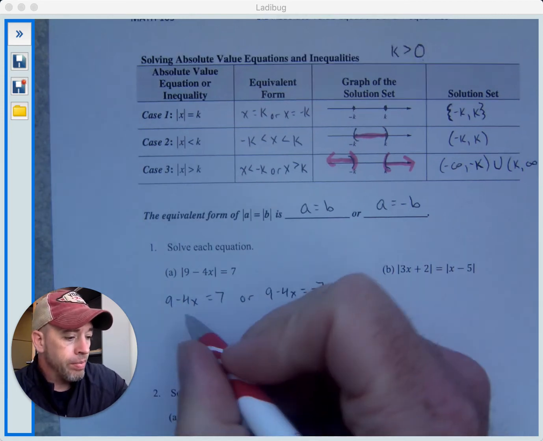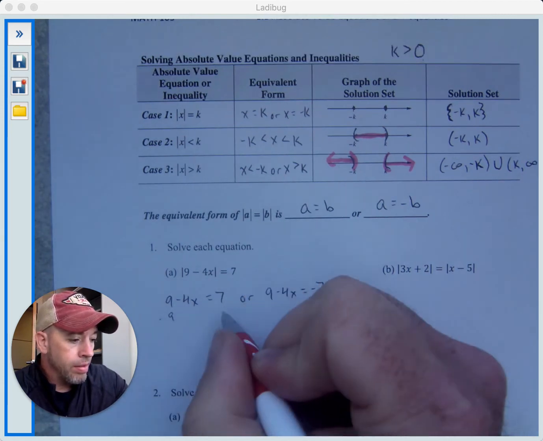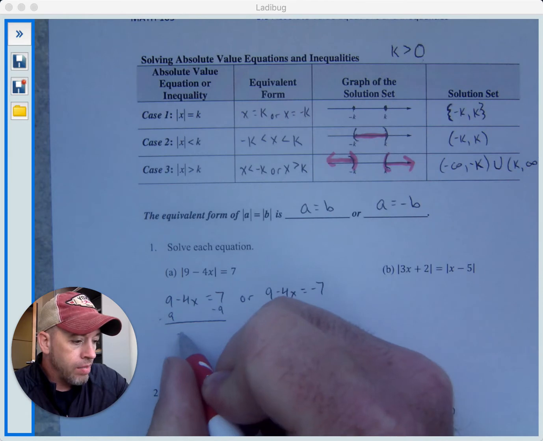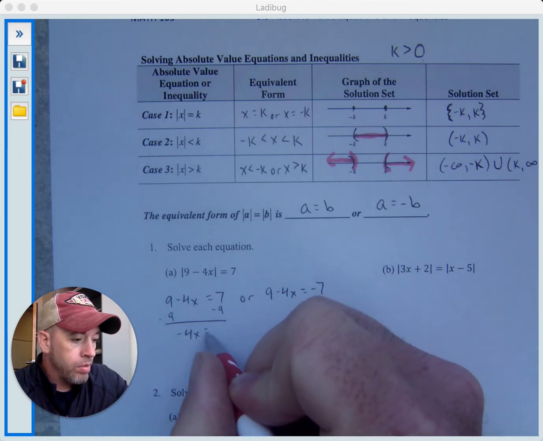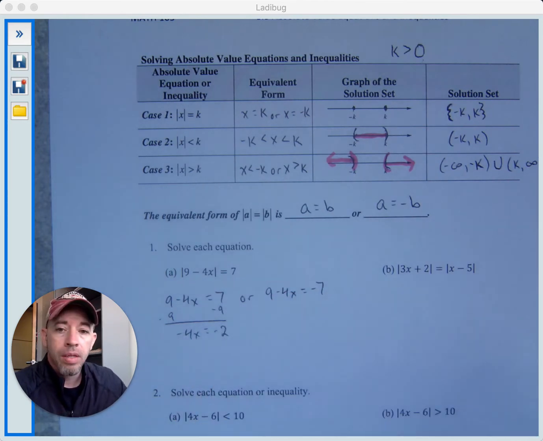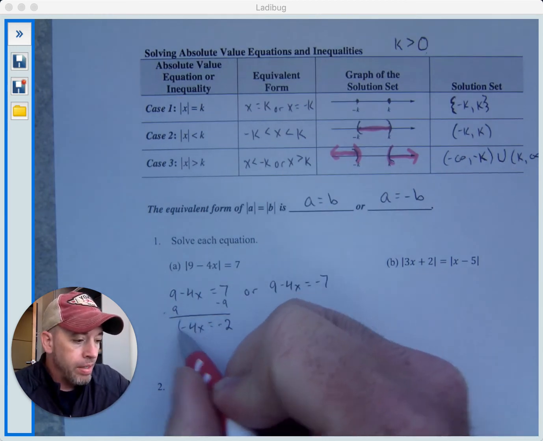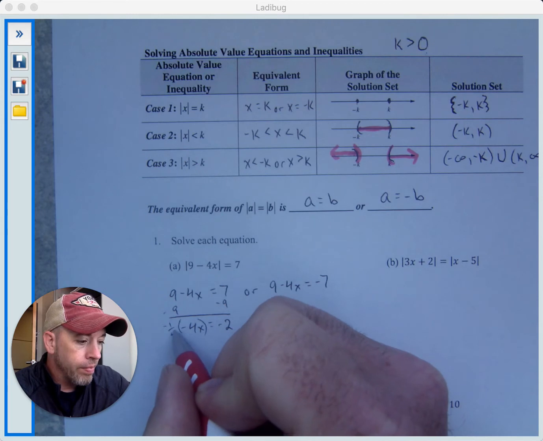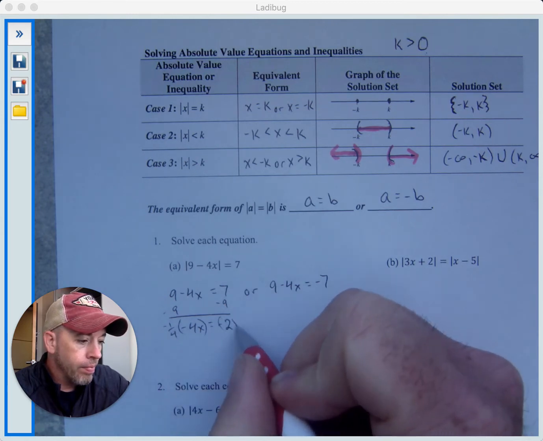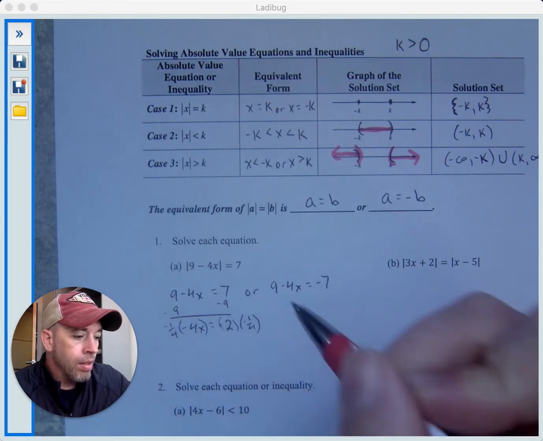So here I'm going to subtract the 9, right? And then we get negative 4x is equal to negative 2. If we divide by negative 4, or I'm going to multiply by negative 1/4, these go away.